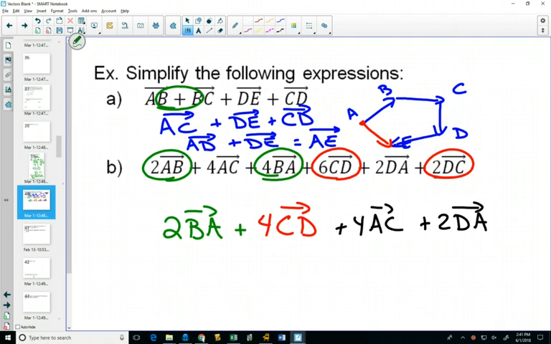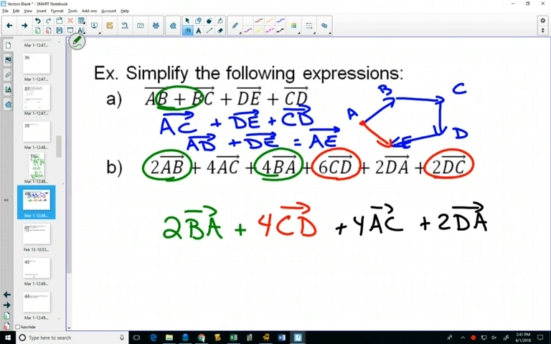The BA and the 4AC, we can put them together, but we can only put 2 of these ACs together with 2 of these ones. Does that make sense?